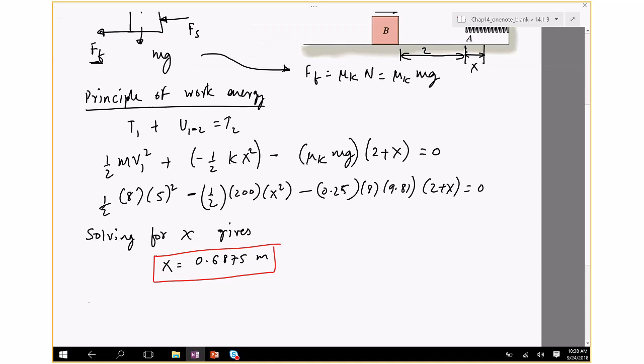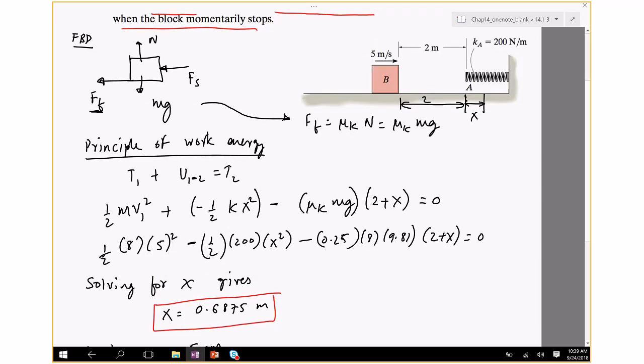Okay, as I said earlier, you could solve using equations of motion. This is a place where the principle of work energy is advantageous over using equations of motion. That's because if you want to solve it using equations of motion, here's how you'll have to do it. You'll have to first solve for the velocity of the block when it reaches A. So you need to do F equals ma, where that force will only be the force due to friction.